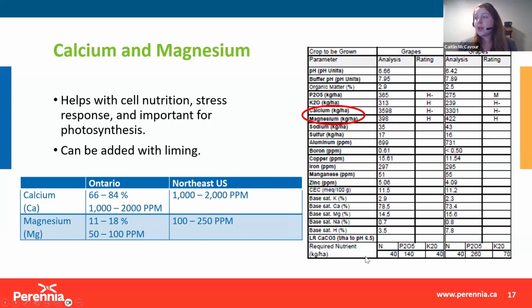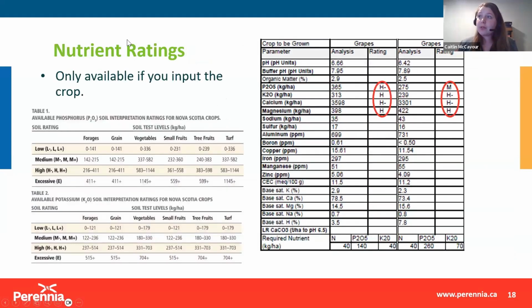And so there aren't direct recommendations for calcium and magnesium, but it does give you these ratings here. For the nutrient ratings, these are only available if you put in your crop. They give you a general idea of where along that low, medium, high, or excessive spectrum your crop falls.